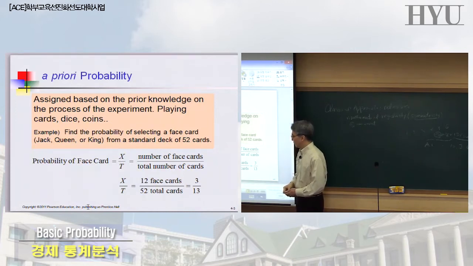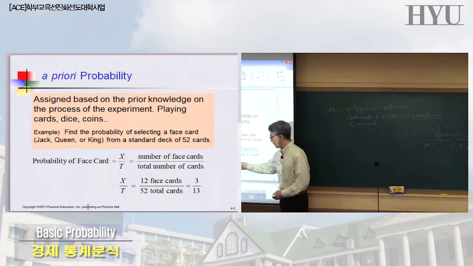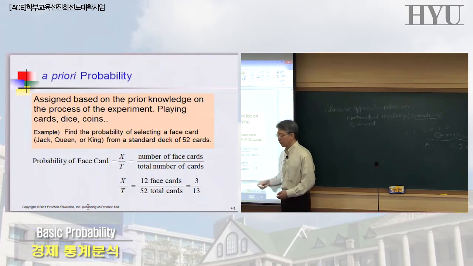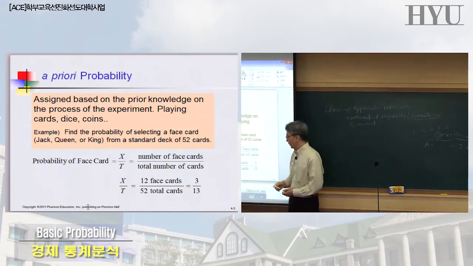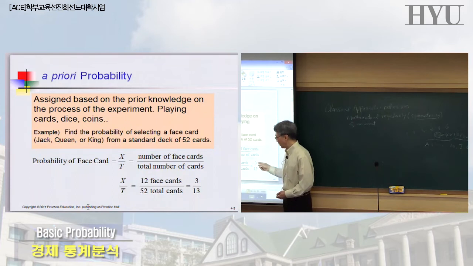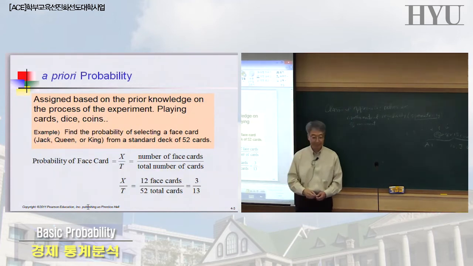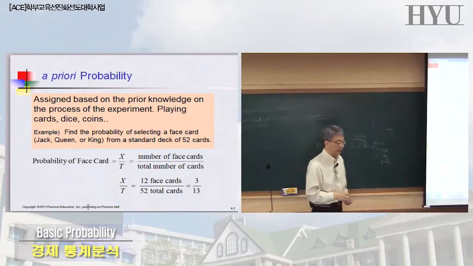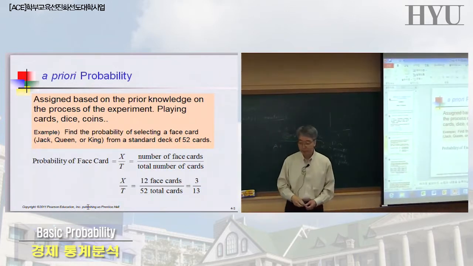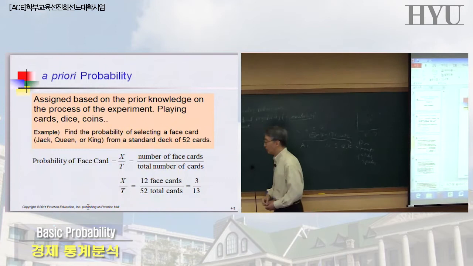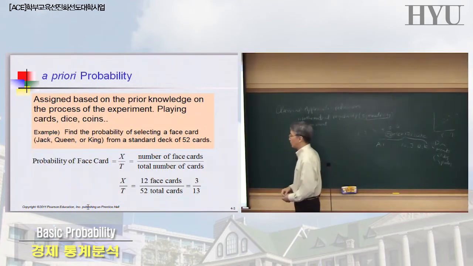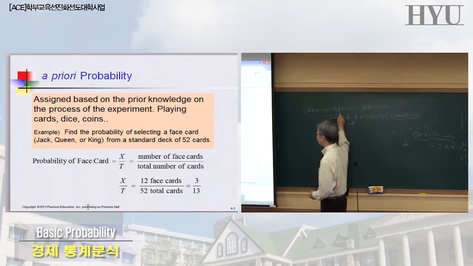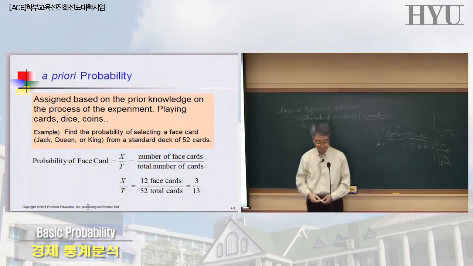Well, there are a total of 12 face cards, 3 in each suit. Out of 52, that's 3 out of 13. So we can logically figure out the probability. That's what we mean by the a priori probability approach or classical approach.